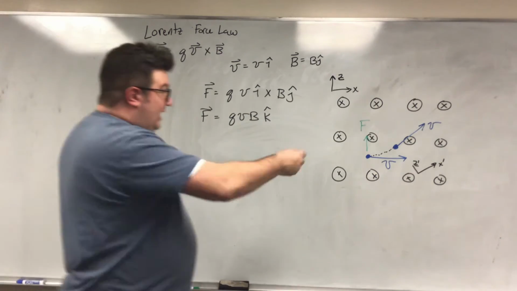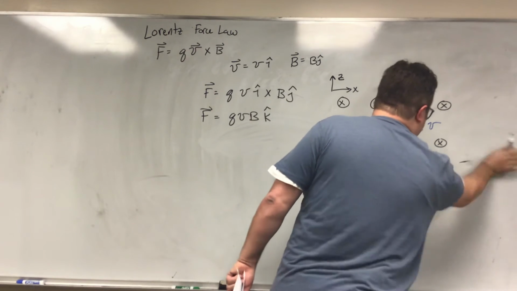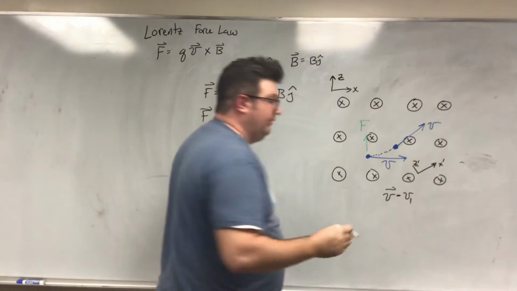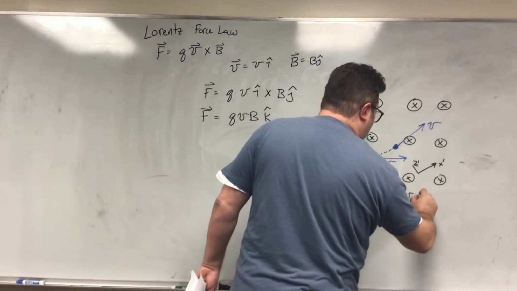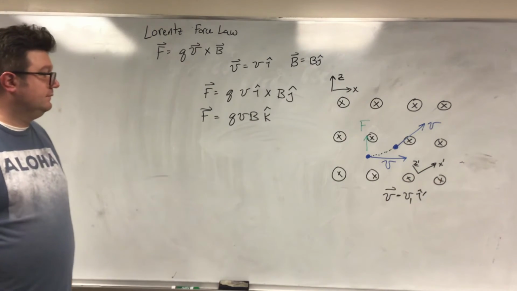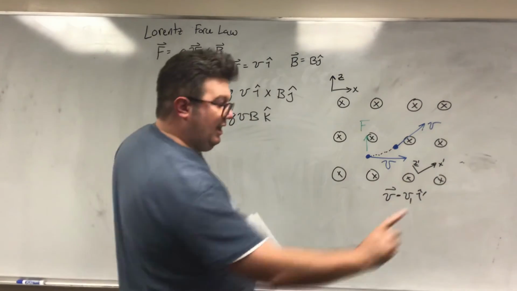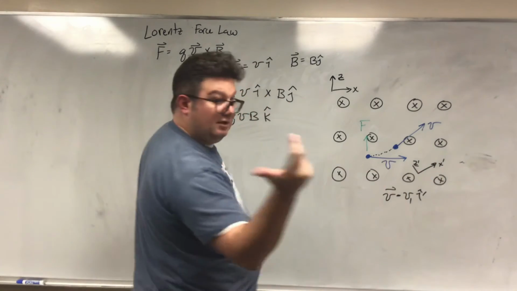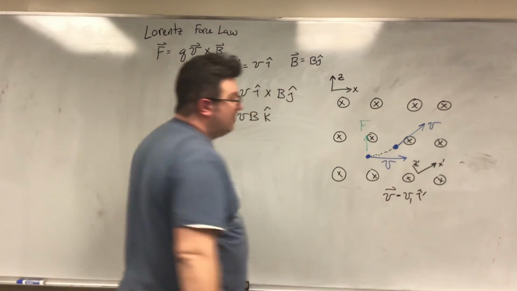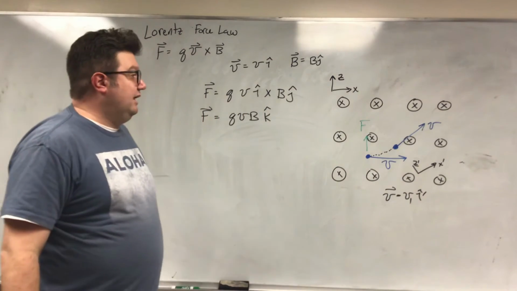Now I can write my velocity as V1 I hat in the new prime coordinates, where the J stays the same. So I have X, Y, Z. The X hat has been redefined so it aligns along the velocity.